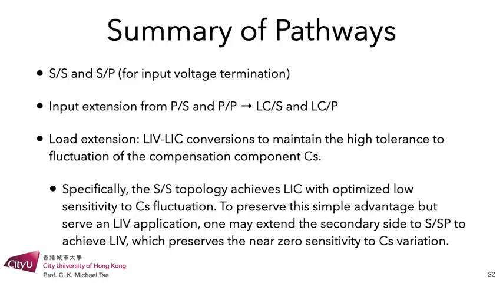So in summary, we are able to produce some very general design pathways for connecting second order compensation with higher order compensation. So we start with, for example, SS compensation and SP compensation for input voltage termination, and input extension is actually possible, transforming the PS and PP compensation to LCS and LCP compensation.